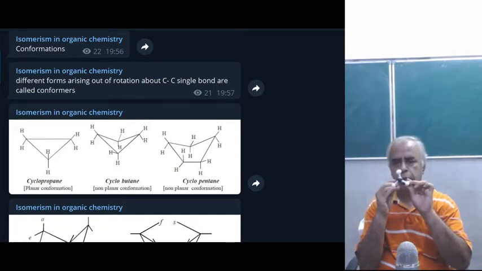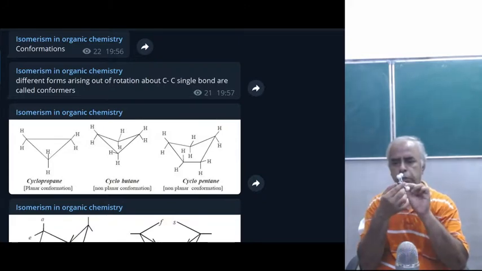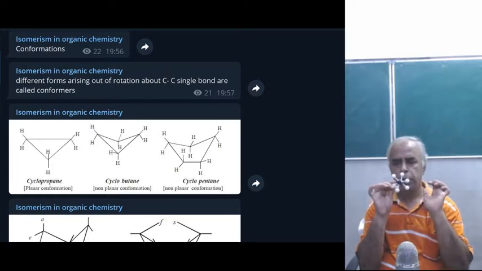So this is the eclipsed form, because it hides the rear CH3. You have one carbon and another carbon here. Now let me rotate this bond slightly. Now this is the staggered one. Are you able to see all these hydrogen atoms?